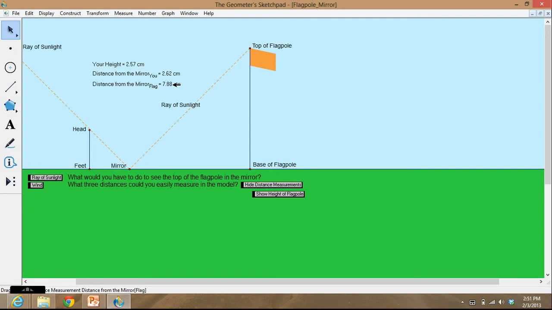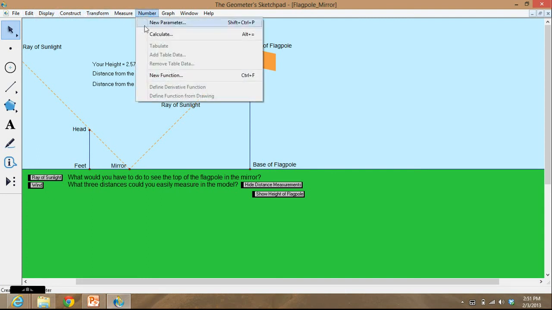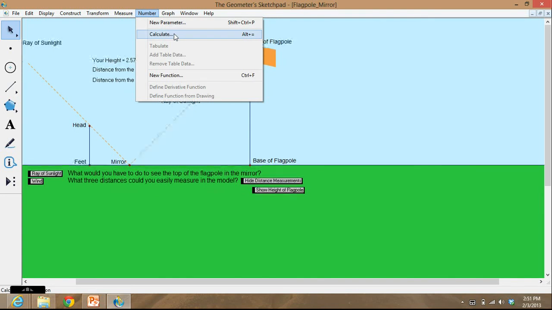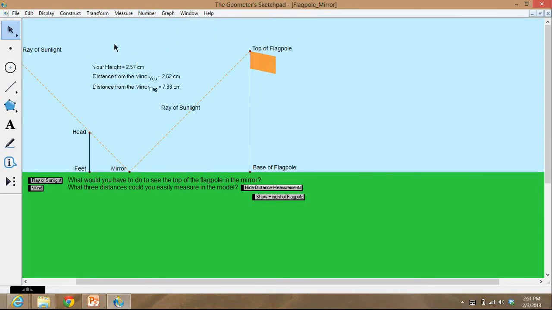And if I do that on here, if we do that, so you make this divided by this equals height divided by this and cross multiply, you will get 7.94 centimeters.